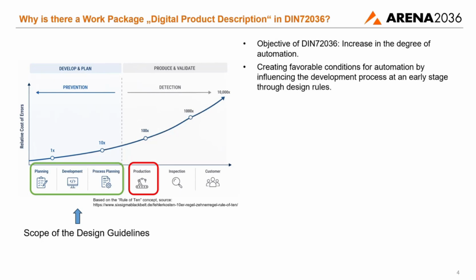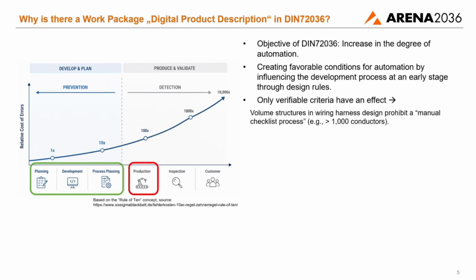And now the problem is with that in most cases only criteria that are verifiable do have an effect. So if I set up criteria and I can't verify them, normally there's no effect in a large scale process. And the problem in the wiring harness design is that the volume structures you have with thousands of wires and connectors and terminals and things like that, it is almost impossible to handle something like a manual checklist process.